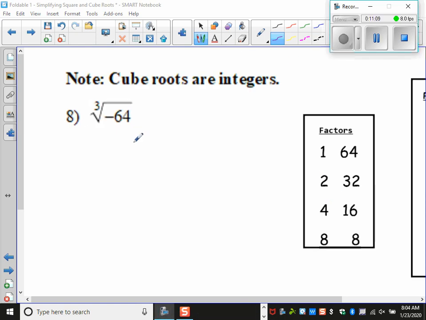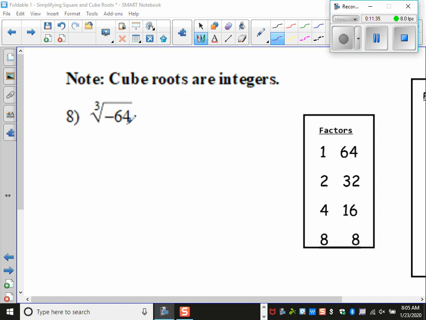If you look at the last two questions, well, actually, this is the last one because we already did number 7. But number 8 says the cube root of -64. Now, there are 3 numbers, the same 3 numbers, we could multiply to get a negative number. It was not true for a square root, but you can have a negative under the radical for a cube root.